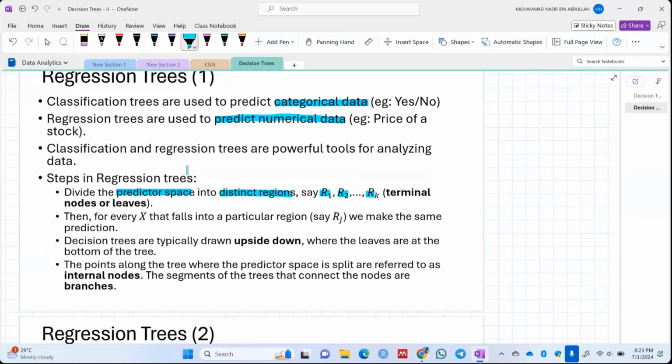Then for every X that falls into a particular region, we make the same prediction, where basically we measure the mean, standard deviation, and mean square error.